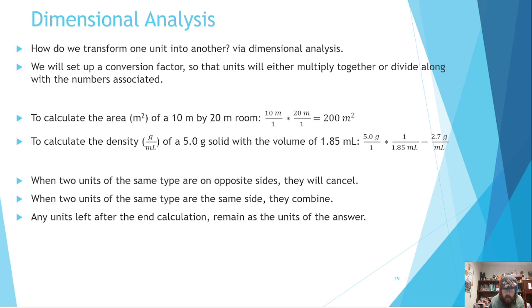If I'm looking at an area, no matter what the units are, it should be a length squared, length times width, a distance squared. If I'm looking at a volume, it should either be a volume in liters, milliliters, something like that, or in meters cubed or centimeters cubed or some sort of cubic distance.